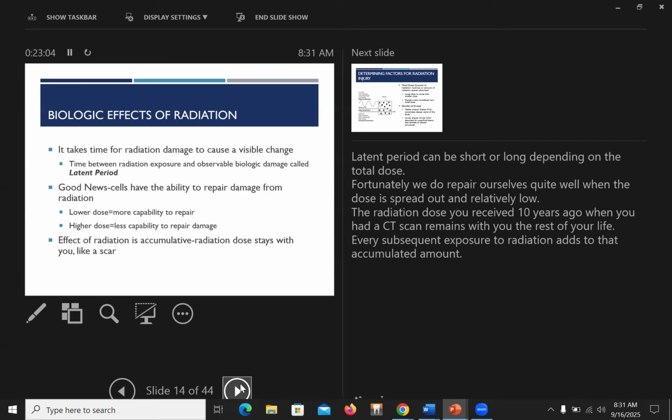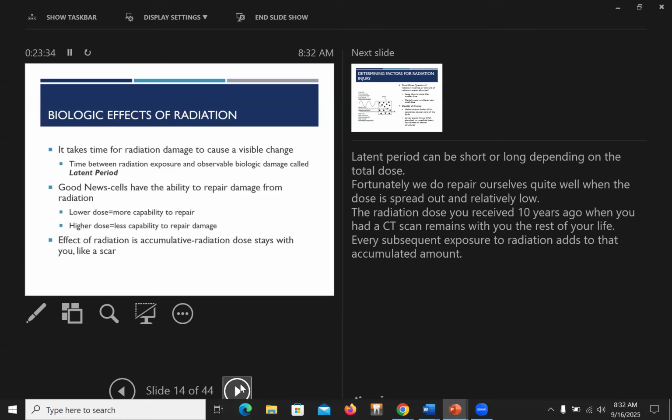Or they might start to have their salivary glands dry up or become dysfunctional, not produce nearly as much saliva. And that doesn't necessarily happen right then and there when they're getting the radiation. So there's this latent period between the radiation exposure and when the damage actually starts to manifest itself in some kind of a symptom.